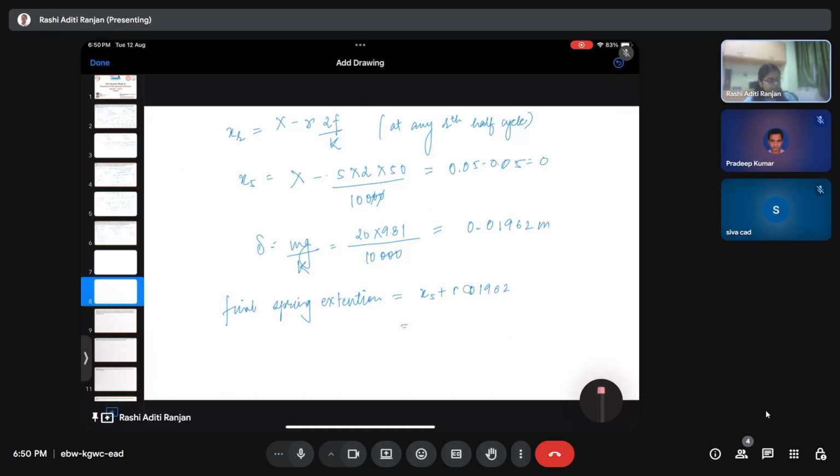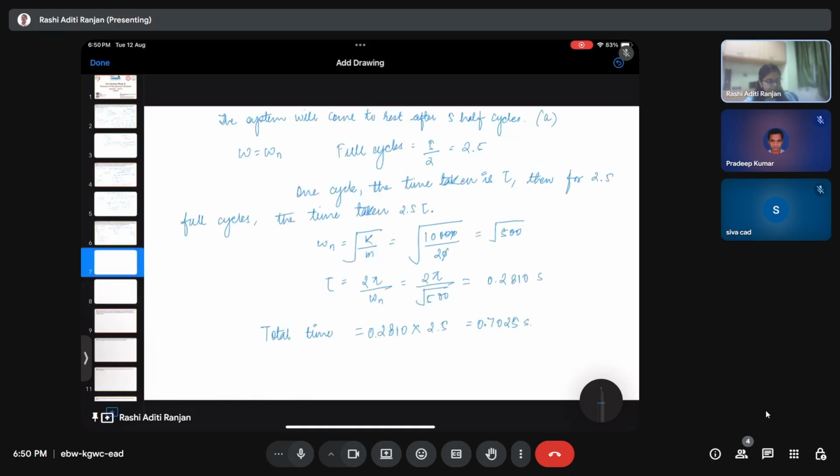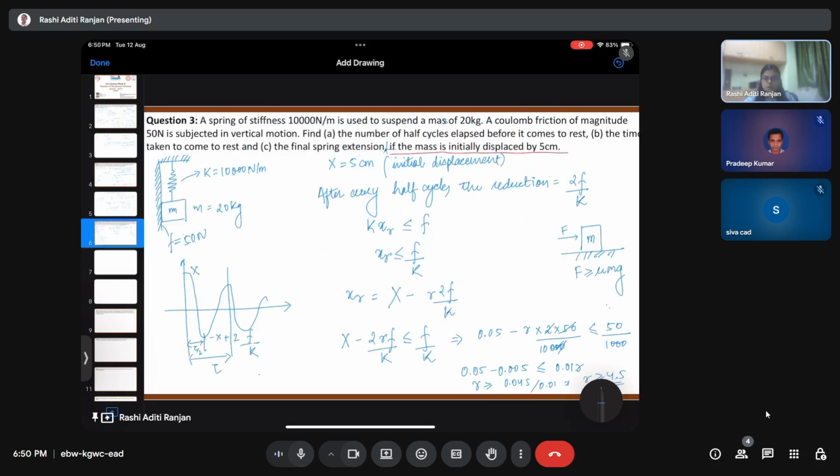Okay, this should be delta. So this is the final answer for the part C. Okay, I hope this is clear. This was a very easy question.